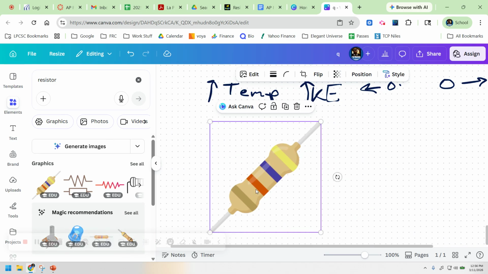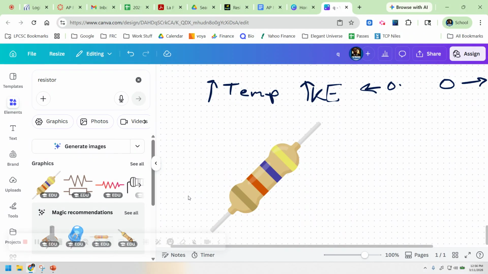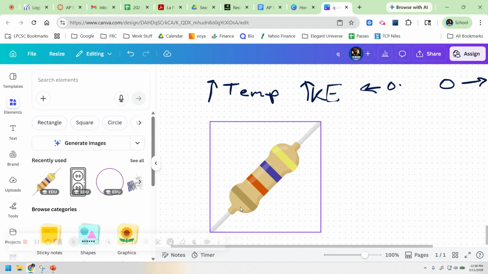So this is an element. You have the current that goes through here, and then it meets with some resistance inside of this cylinder, and then that resistance has an impact on the voltage or current as it comes out the other end. And so resistors help us manipulate basically voltage and current, right?